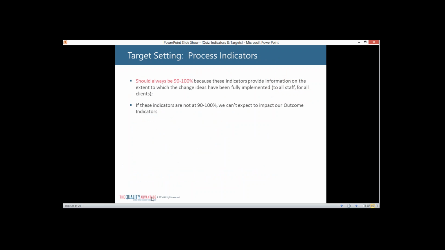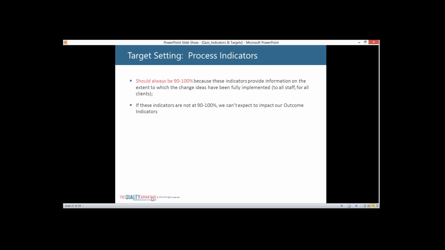For process measures, the guidelines on the previous page don't apply because regardless of the process indicator, we should always be striving to achieve 90 to 100%. And this is because these indicators provide information on the extent to which the change ideas have been fully implemented or not.